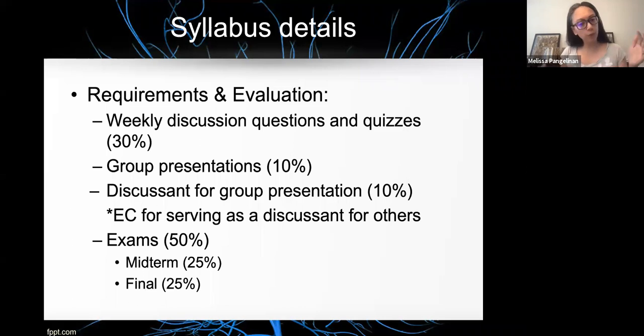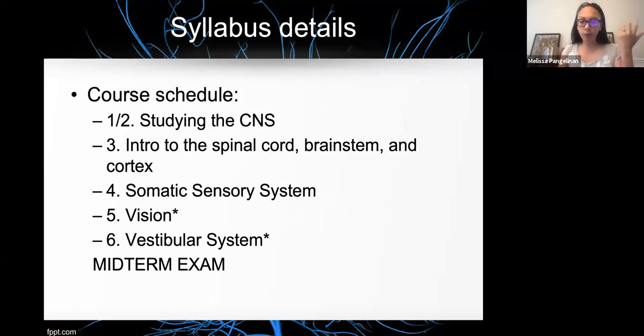But the midterm and final will be closed book, closed note to force you to really study the material outside of the quizzes. The midterm will be cumulative for section 1, and the final will be cumulative for section 2. And here's the breakdown. Section 1 will go into studying the central nervous system, which is chapter 1 and the appendix.